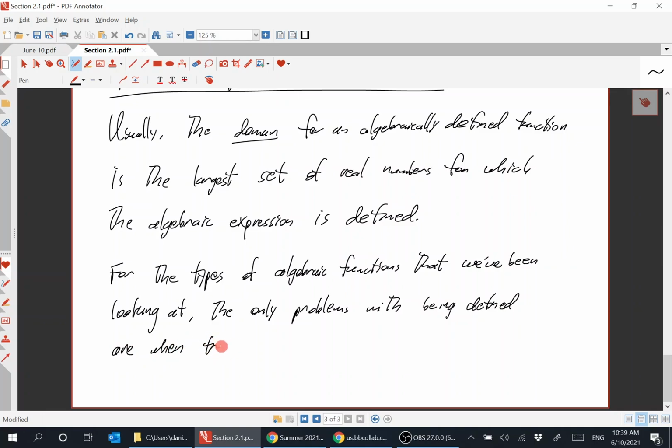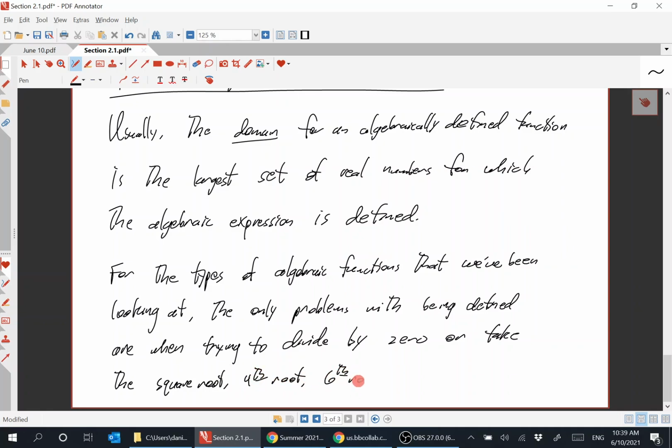When trying to divide by 0, or take the square root, fourth root, sixth root, any even root of a negative number. You can take an odd root of a negative number, right?